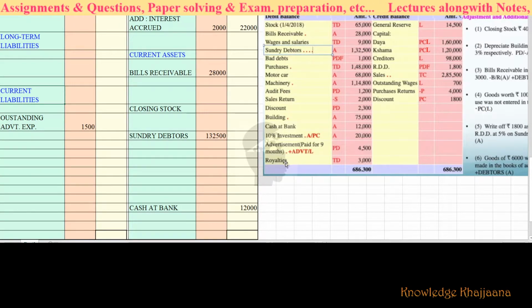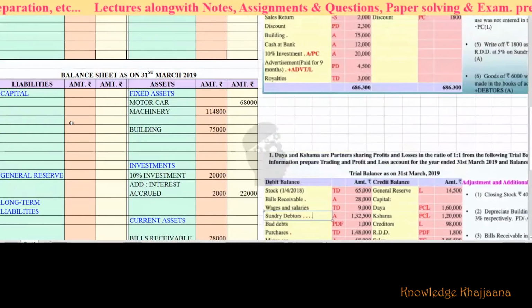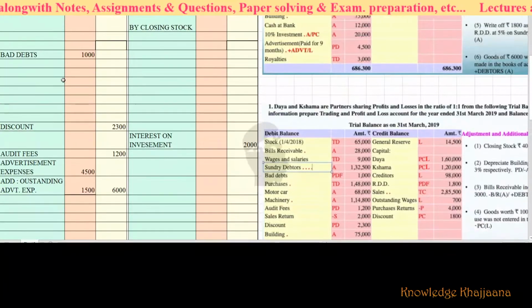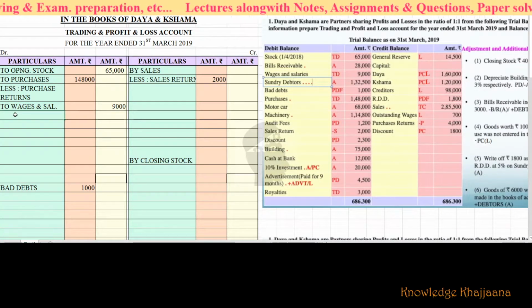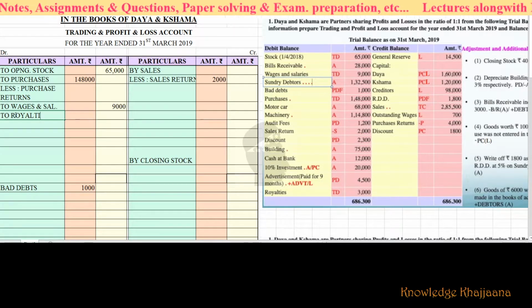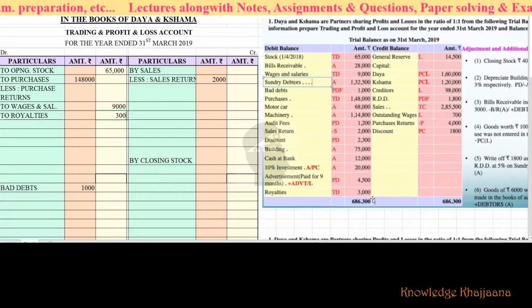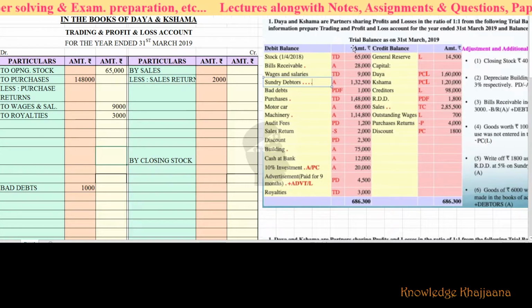Okay, then royalties. Royalties I had told you, trading account debit side. To royalties. Okay, how much are the royalties? 3,000. Okay, next, see, we have solved the debit side of the trial balance.